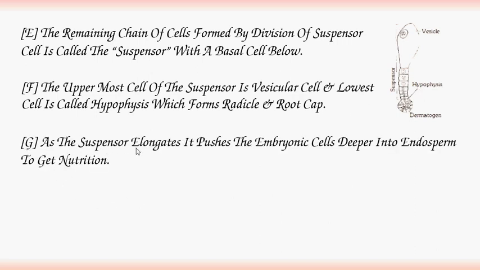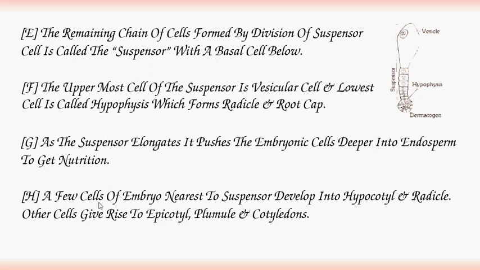As the suspensor elongates, it pushes the embryonic cells deeper into the endosperm to get nutrition. A few cells of the embryo nearest to the suspensor develop into the hypocotyl and radicle, that is the hypophysis region.